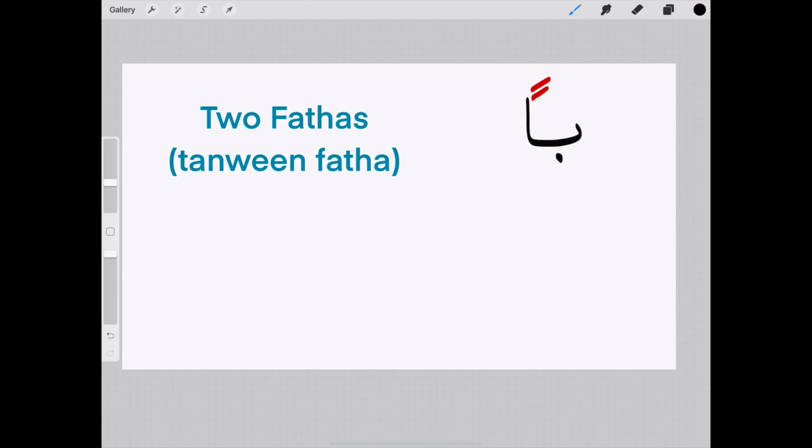If you duplicate any of these vowels, you end up with what is called tanween accordingly. So if you have 2 fathas, meaning you add 2 dashes on top of the letter that are parallel to each other, that is tanween fatha or 2 fathas.